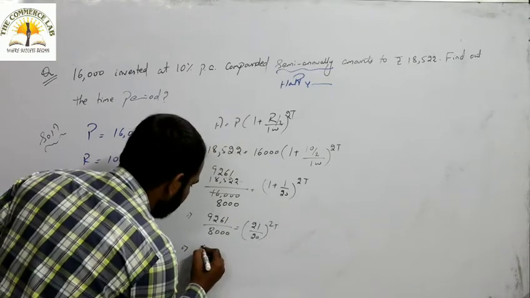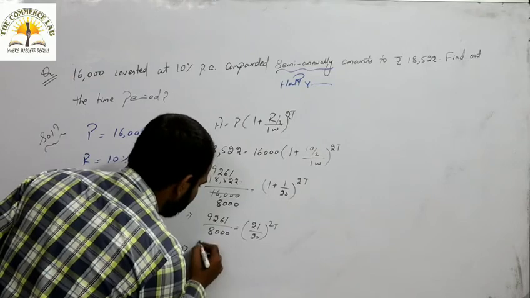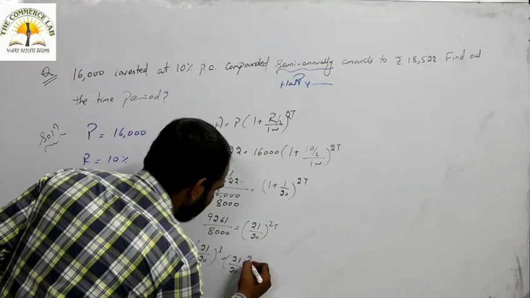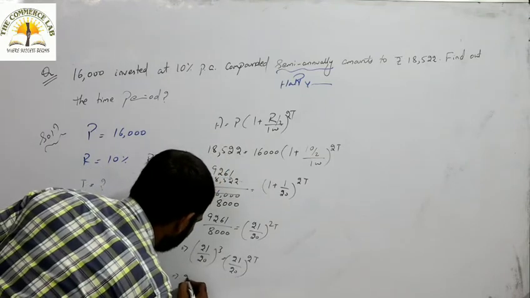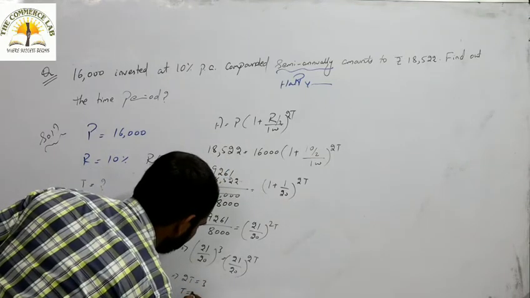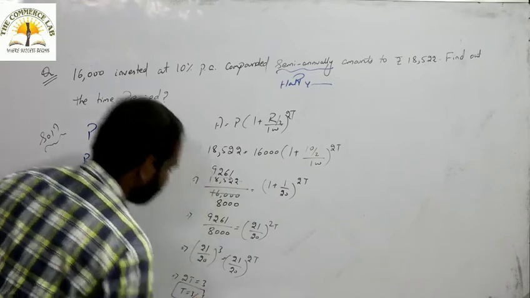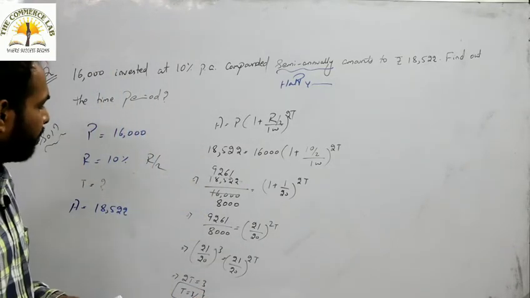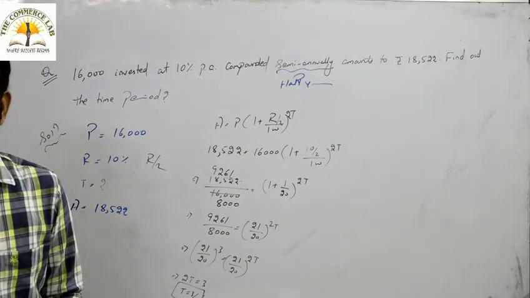But this one is your 21 by 20 to the power 3. So 21 by 20 to the power 2T implies 2T equal to 3, so T equal to 3 by 2. So time period is your 3 by 2 years or 1.5 years.